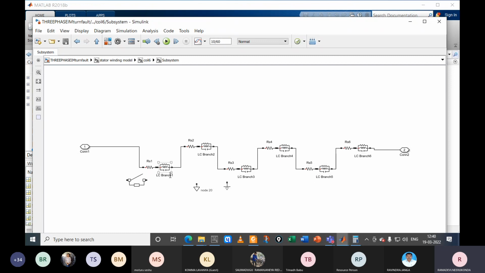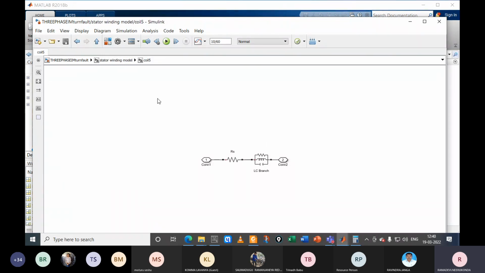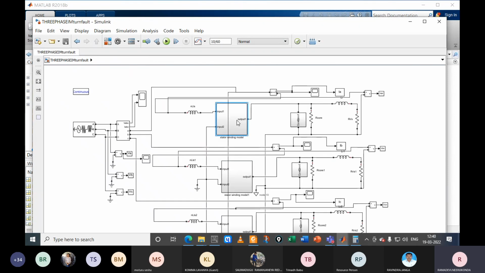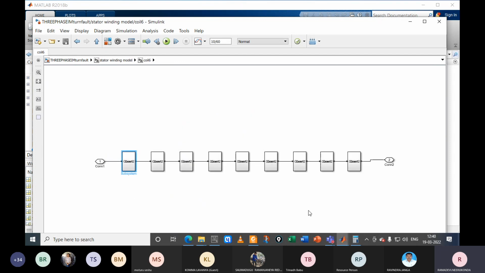So 6 nines are 54 turns, and each coil contains 54 turns. Like that we model each coil here. The remaining coils we take as lumped. Only for the coil where we created the faults, we created the distributed model with a turn level of 54.